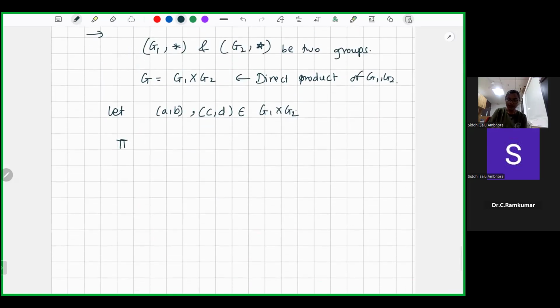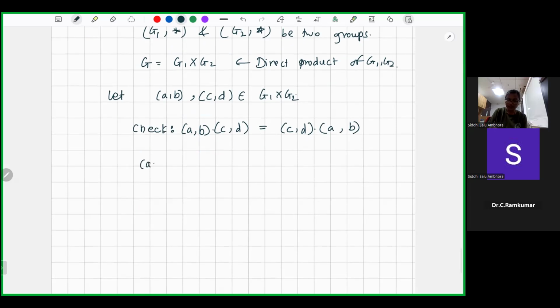Then we have to check whether (a, b) into (c, d) is equal to or not, the product of (c, d) into (a, b). We have to check. Okay, but understand that this (a, b) into (c, d) is what?